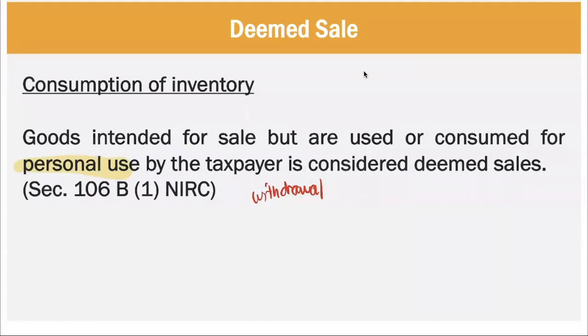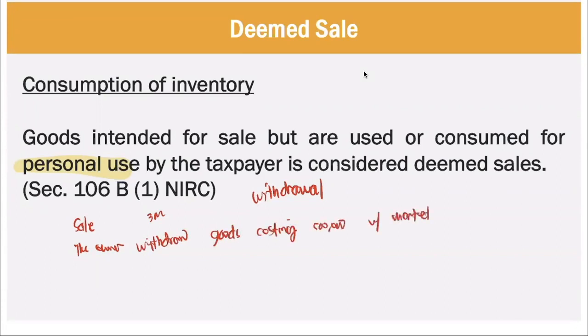So, how to compute? If in case, you just add the value, get the market value of that particular transaction. So for example, we have here your sale or transaction to your other buyers worth 3 million pesos. And then the owner withdrew goods costing 500,000 with market value of 800,000.